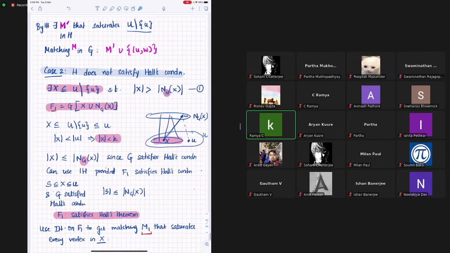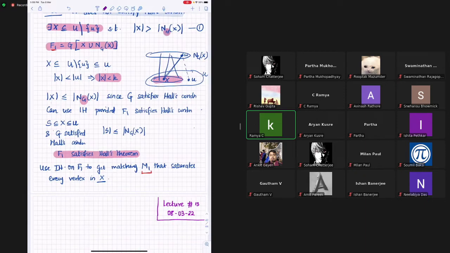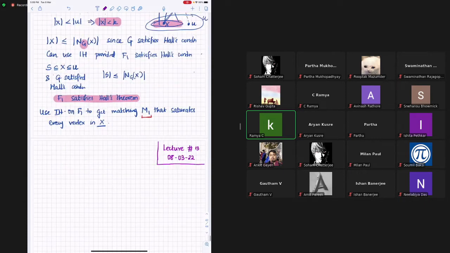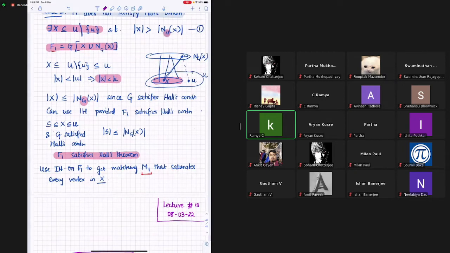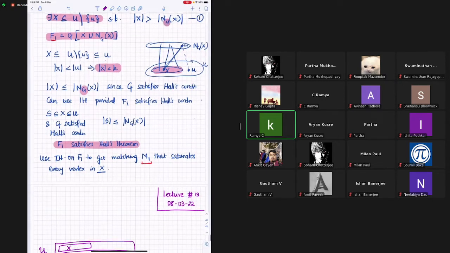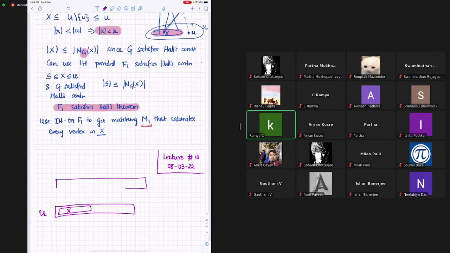So in F1, what I will do is the following. I will consider the set X. Let me just draw a picture. This is the set U. In this I have X. So what do I know about X? X is a subset of U, and it has far more size than its neighbors.